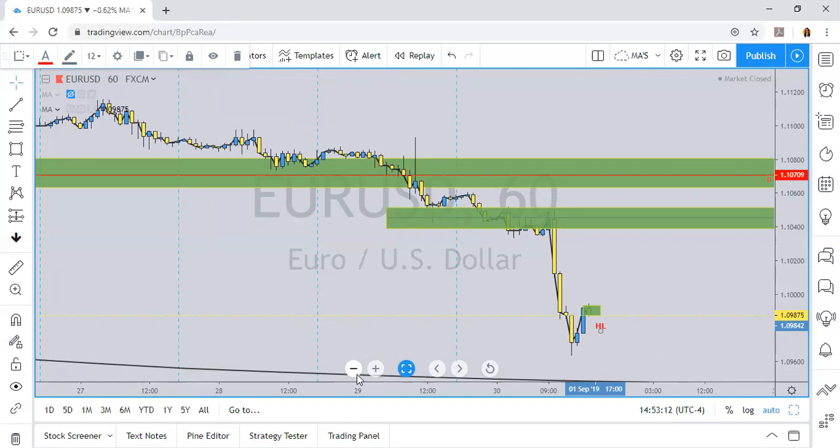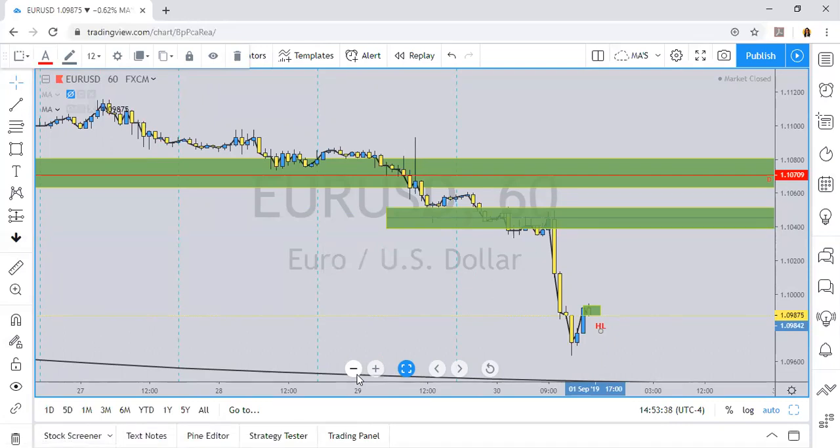Now, with that being said, you can mark this up. Today is August 31st. The market has not opened yet. Yesterday was Friday. When the market does open up on Sunday, you can track this pair and let me know if it plays out for you.